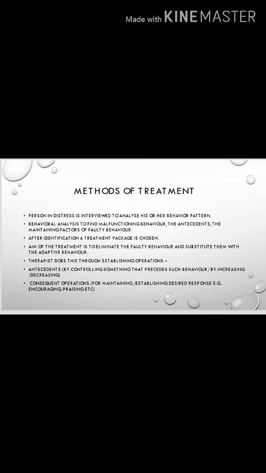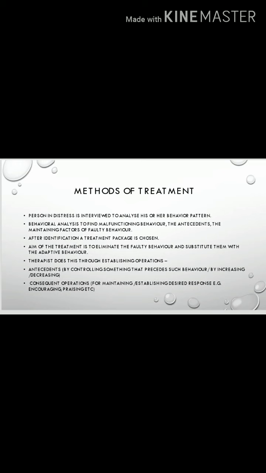And next is antecedent factors. Those are the factors which precede the behavior, the immediate factors before the occurrence of the behavior. Next is maintaining factors. Maintaining factors are those factors which continue the faulty behaviors.